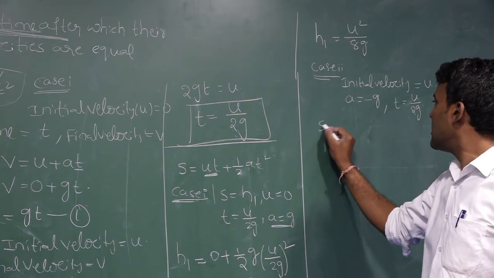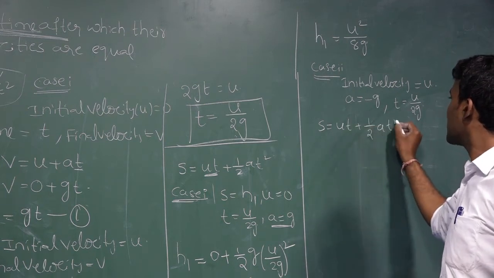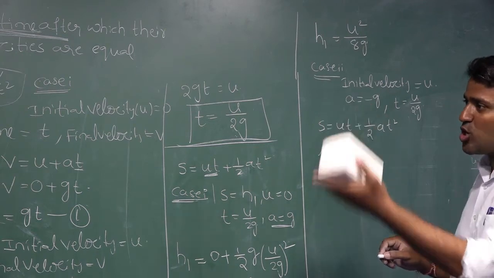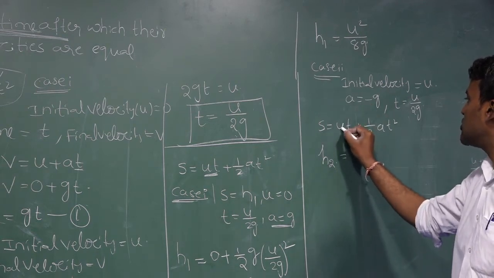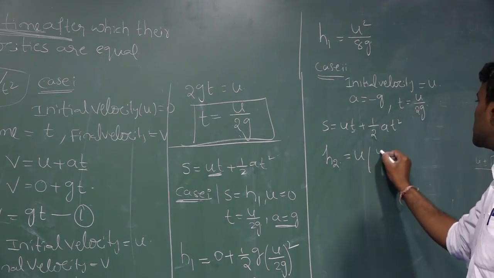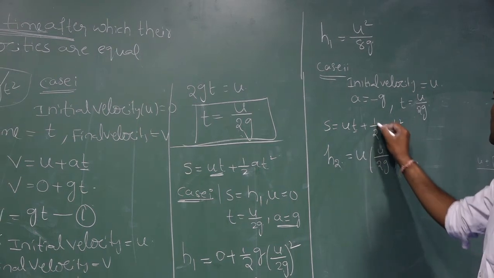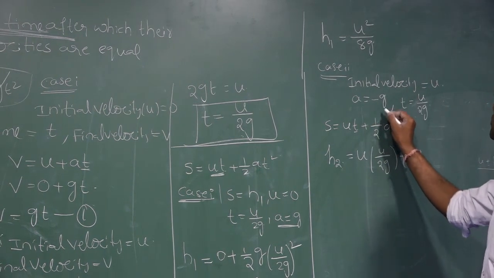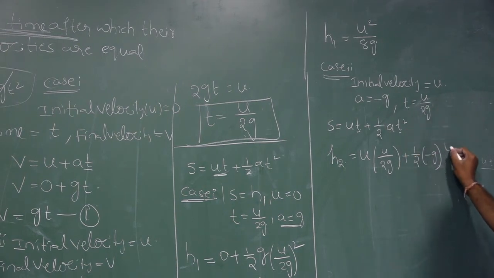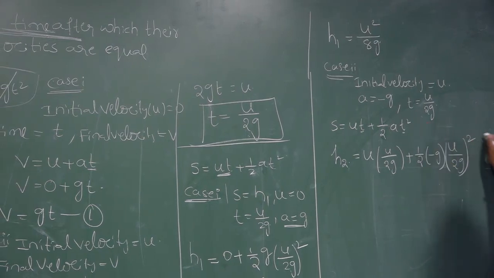We know the formula, s is equal to ut plus half at square. Here s is h2, going upward direction, how much distance it covers. u is equal to u only, and t is equal to u by 2g. Plus, I am writing 1 by 2, a equal to minus g. T value, how much is it? u by 2g whole square, t square is there, so whole square.